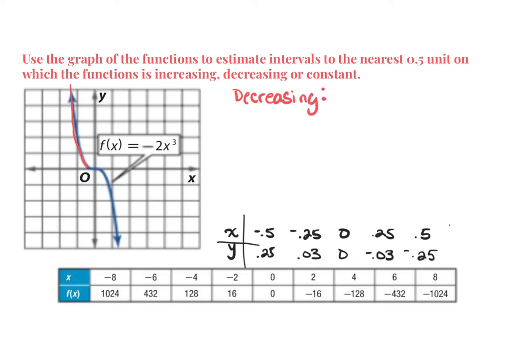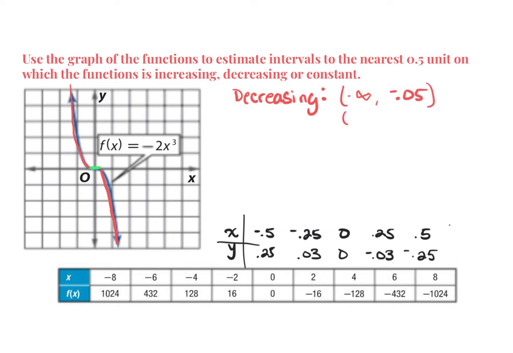But then it looks like there is a little moment where I'm having some constant happening, because it doesn't look like it's decreasing. But then I'm going back down. So I'm going to state the two intervals where it looks like I'm decreasing based on the graph. We are decreasing from negative infinity all the way up to this point that started in green, so that's about negative 0.5.